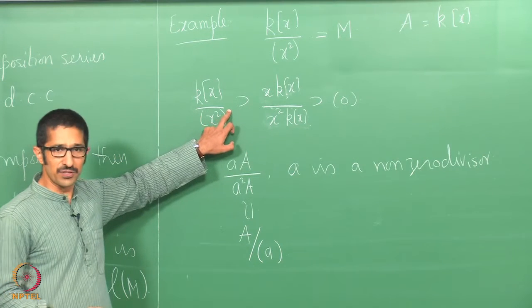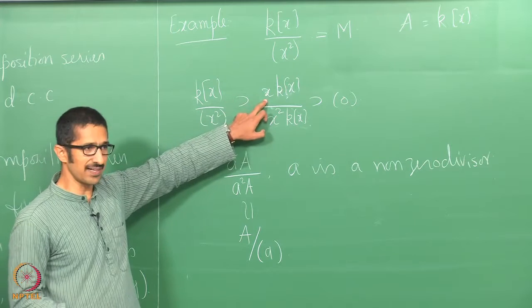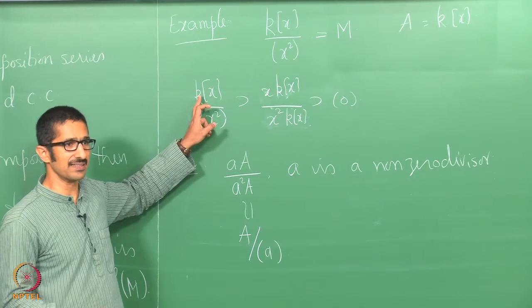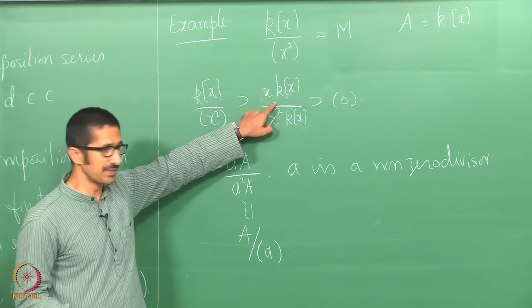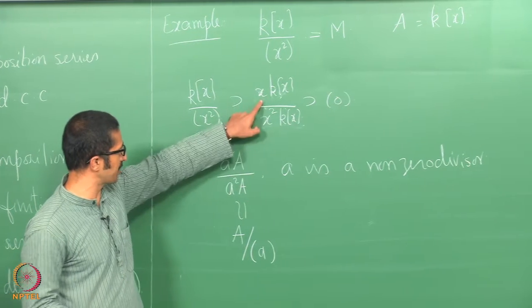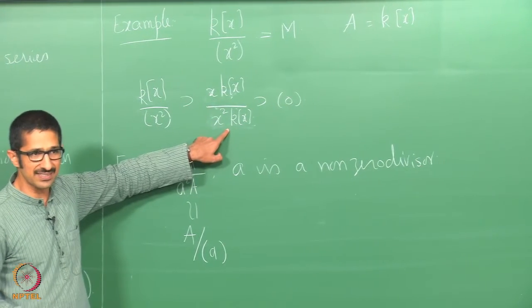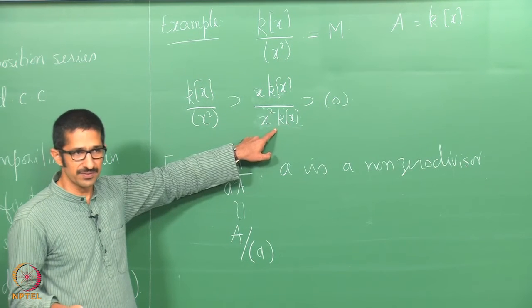So, this is a maximal submodule of this. The ideal generated by x is a maximal ideal here, so this modulo this is simple. Similarly, this kx is isomorphic to kx mod x, which is k, which is a simple submodule.